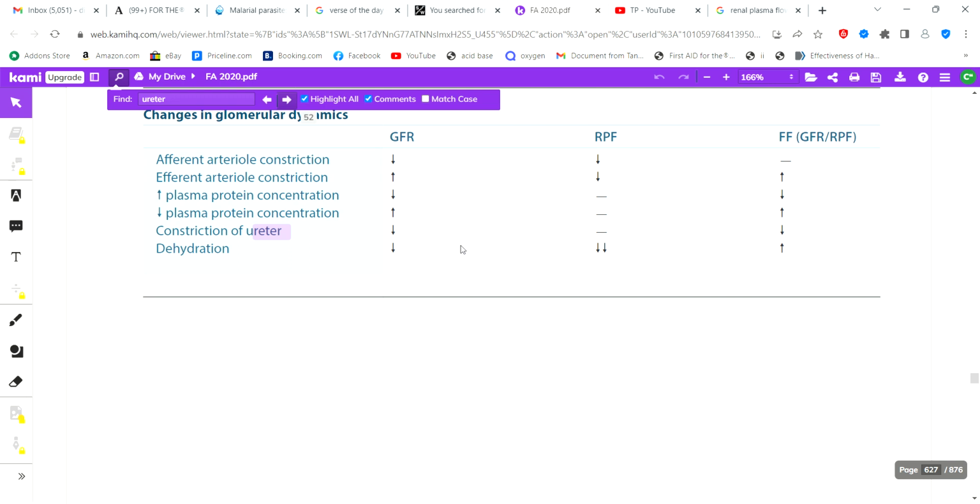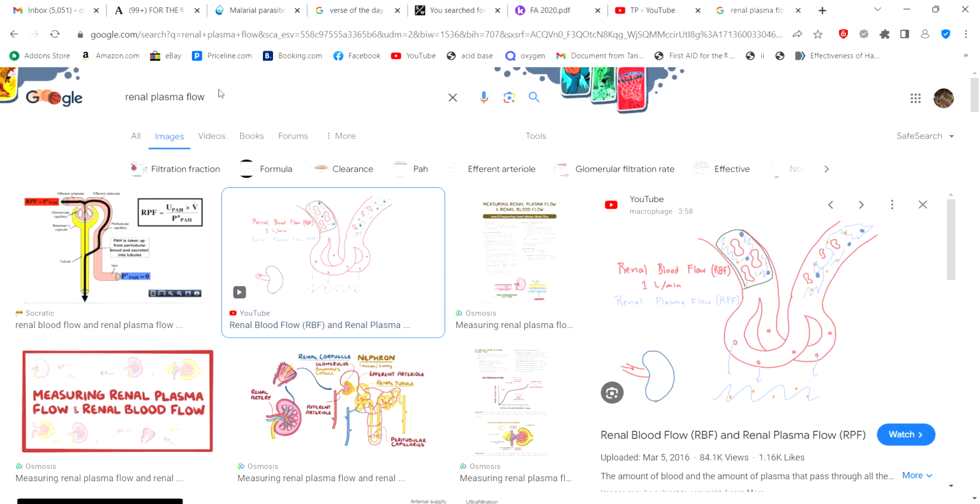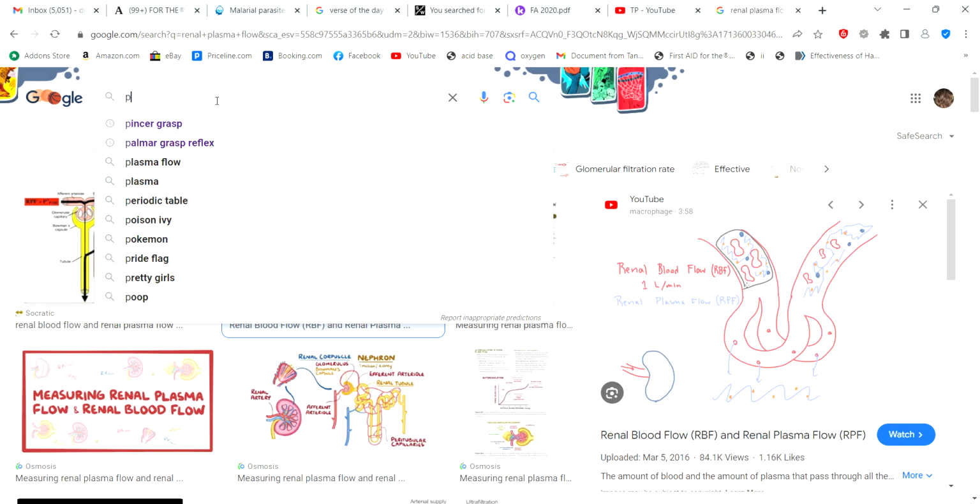148. Angiotensin 2 is higher in the pulmonary vein than in the pulmonary artery. Okay, so you have to remember this.